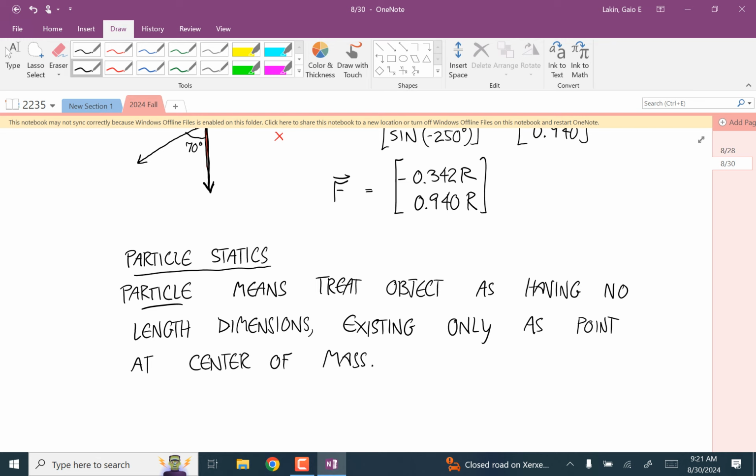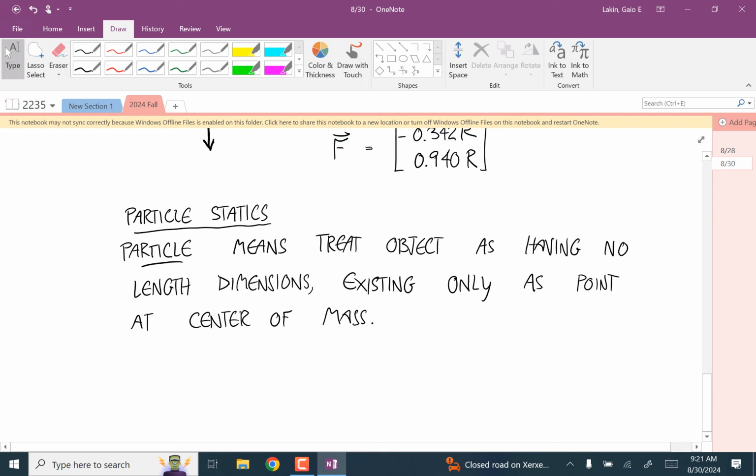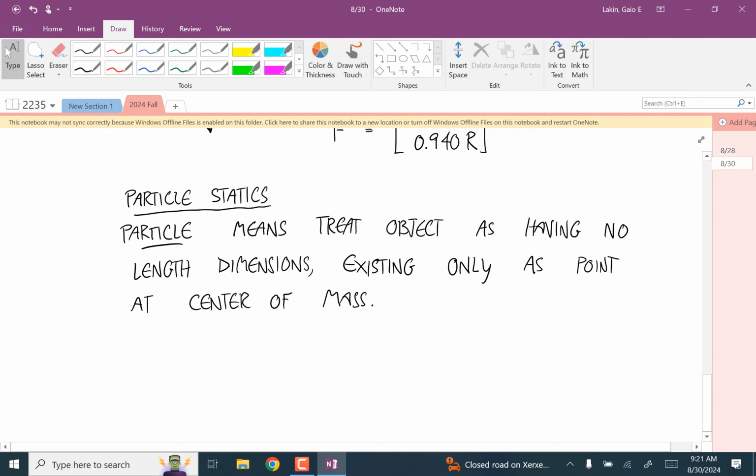And to us, we don't think of those as small. And because we're treating this as having no length dimensions, we can't tell differences between the left side of a particle and the right side. So therefore, we're ignoring changes in object orientation.